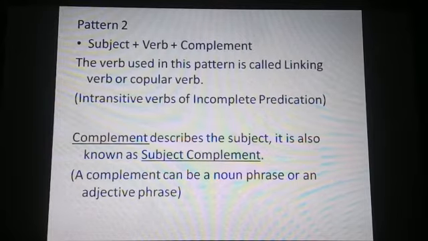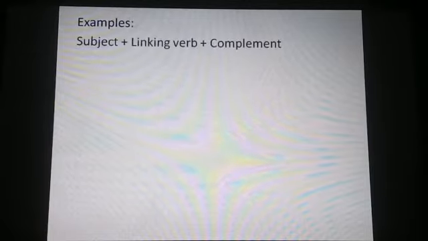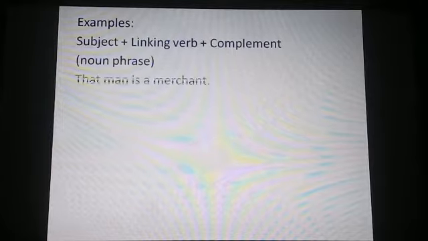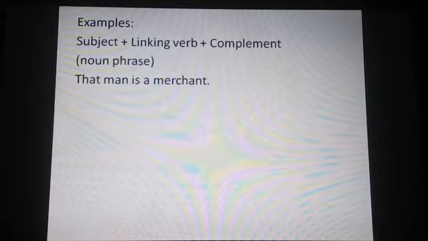Now let's move on and see some examples so that you are able to understand what I am saying. Our pattern is subject, linking verb, complement, and I just told you a complement can be a noun phrase or an adjective phrase. So let us first see the examples that have a complement as a noun phrase in them. That man is a merchant.